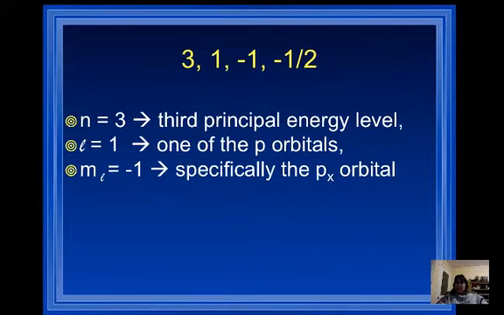M sub L is negative 1. Remember, all possible m sub L values when L is 1 are negative 1, 0, and positive 1. We randomly assign px to the negative 1 value, py to the m sub L 0 value, and pz to the m sub L positive 1 value.